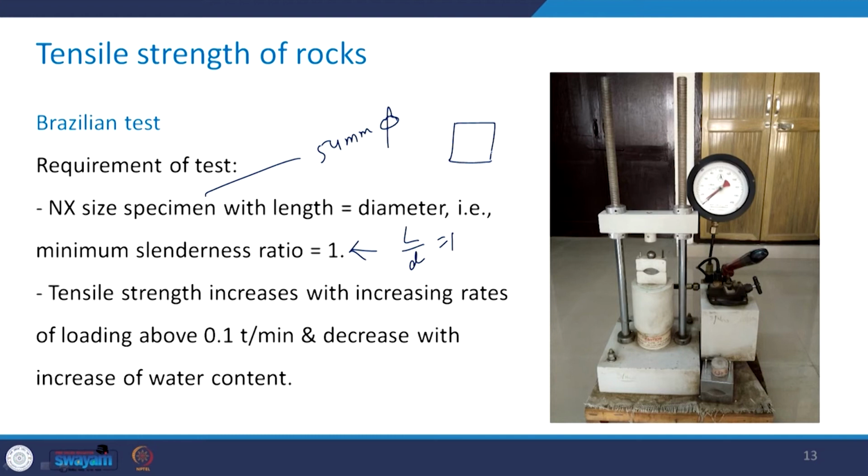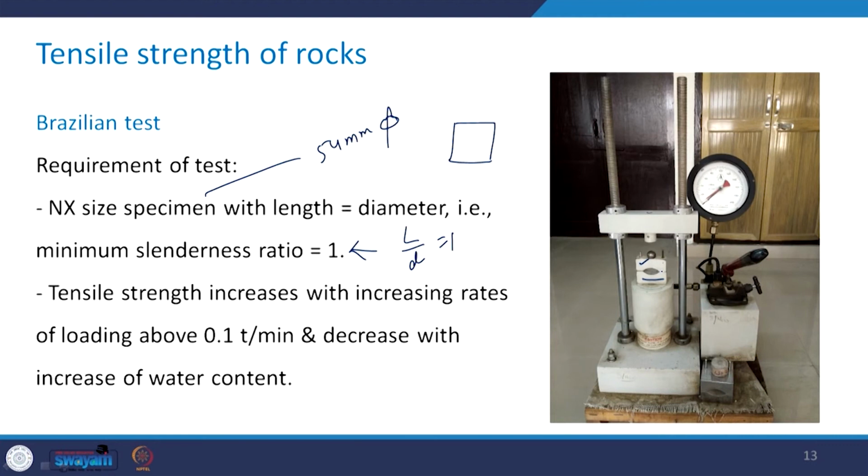Here, this is the Brazilian test setup. That is the machine which is there in our lab. You can see that here you have an assembly, where we will fix the specimen.